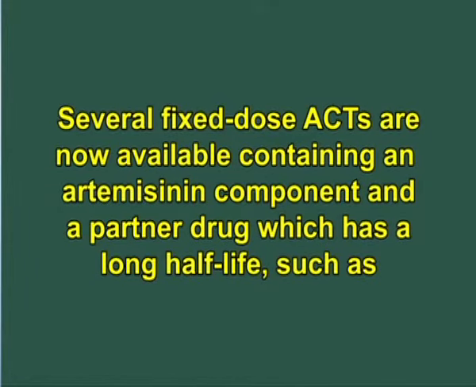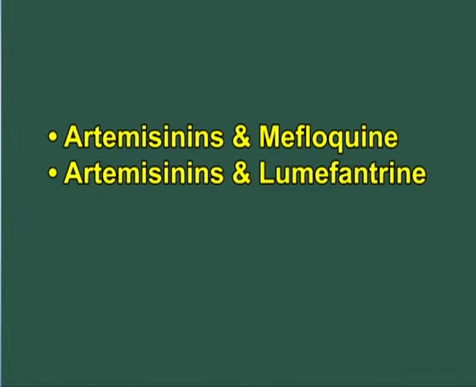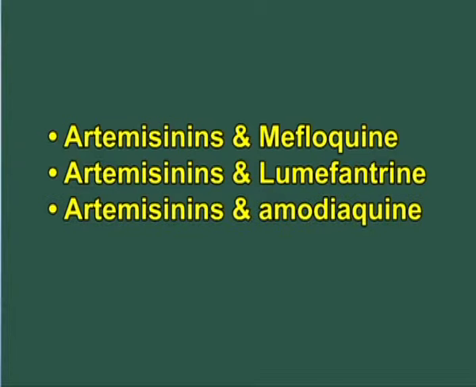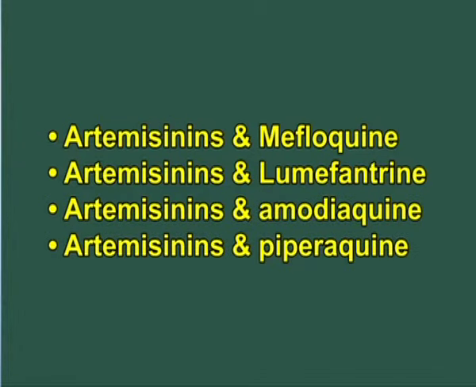Several fixed dose artemisinin combination therapies are now available containing an artemisinin component and a partner drug which has a long half-life, such as artemisinin and mefloquine, artemisinin and lumefantrine, artemisinin plus amodiaquine, artemisinin and piperaquine.